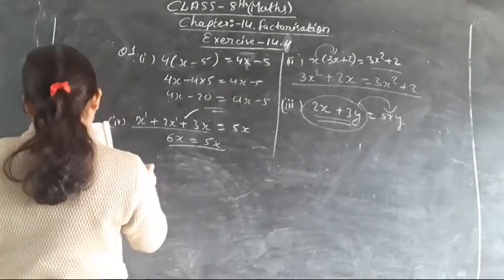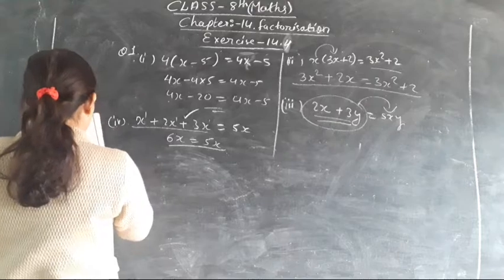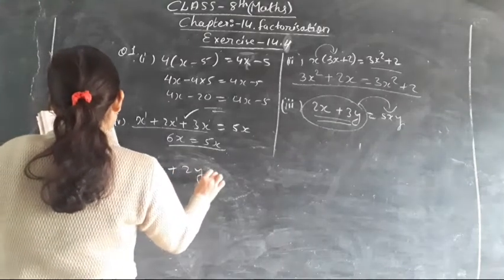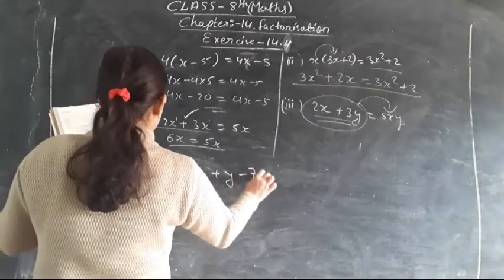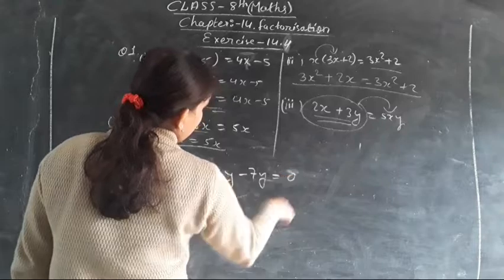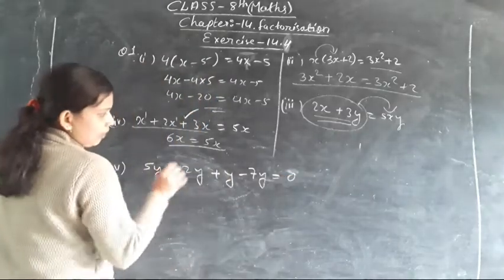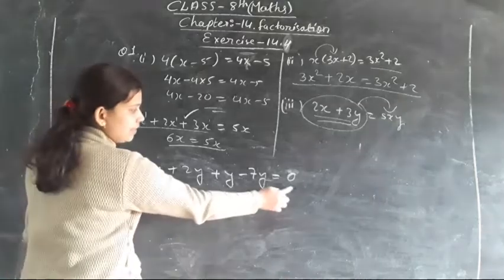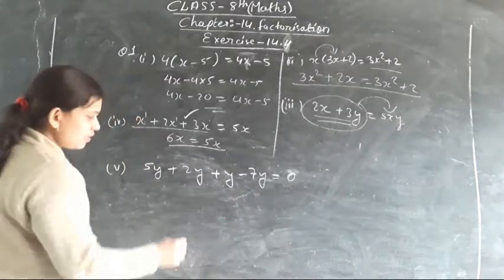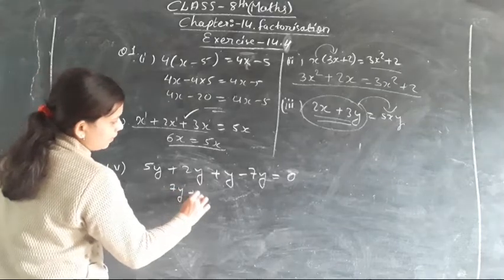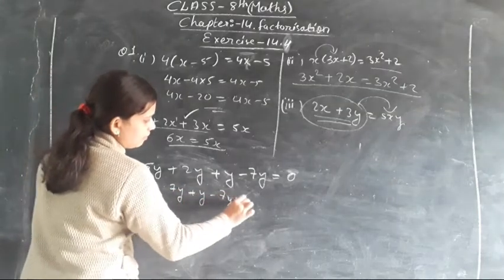What is the fifth part of the question we are having? 5y plus 2y plus y minus 7y is equal to 0. This is the question we are having, isn't it? Now look, while solving here we are having 0 on the right hand side, isn't it? So 5 plus 2, 7y plus y minus 7y is equal to 0.